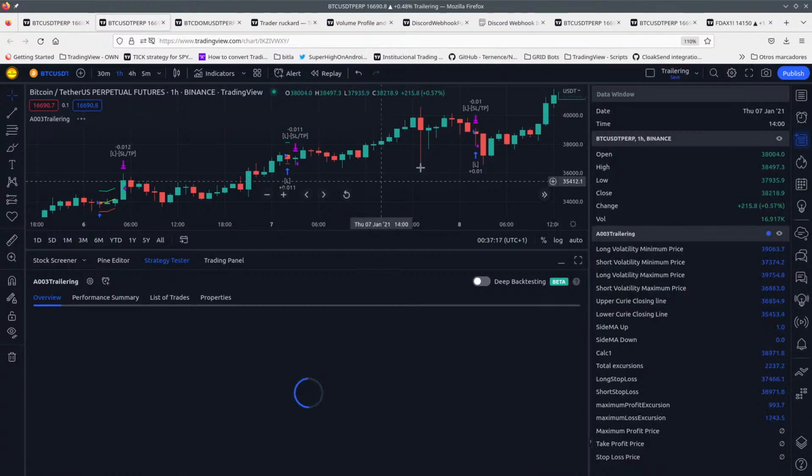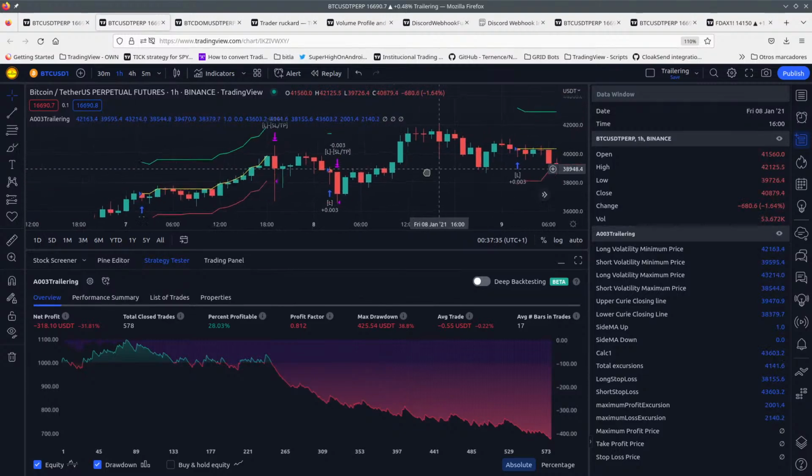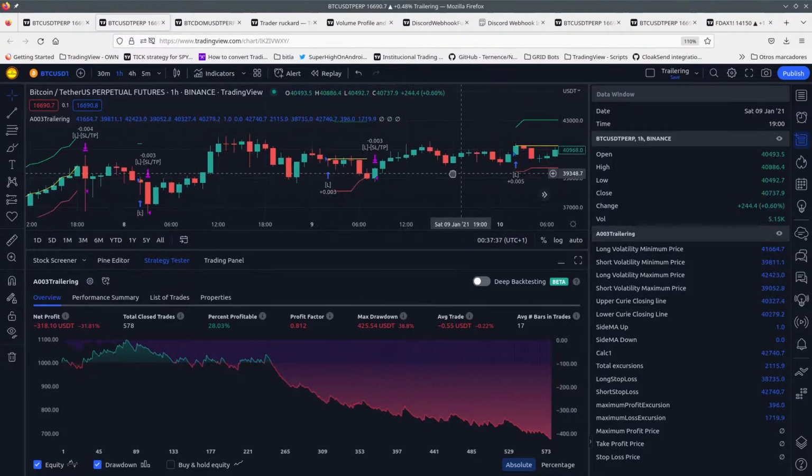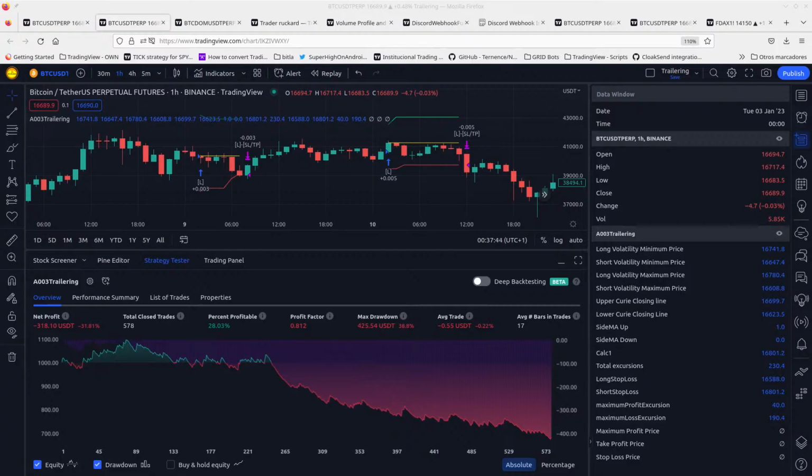So let's test this again, see what happens with 2.5 of this. You can see how somehow it's good, but then it's not so good.